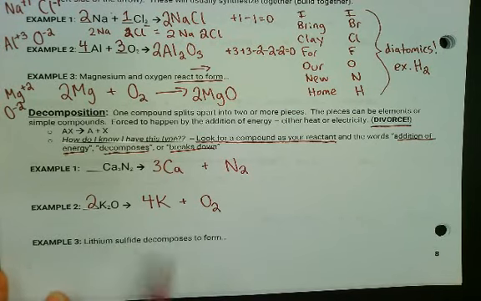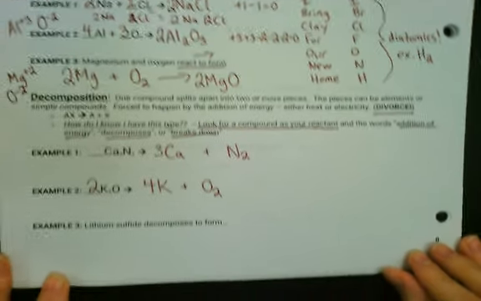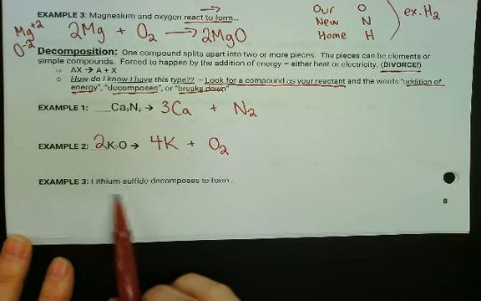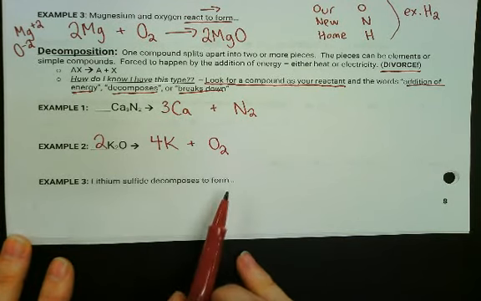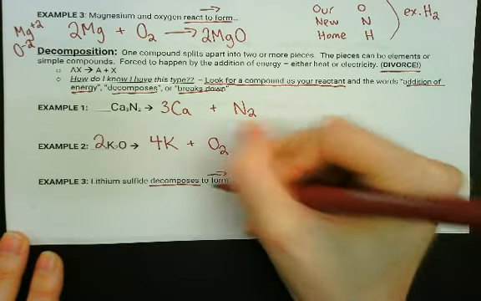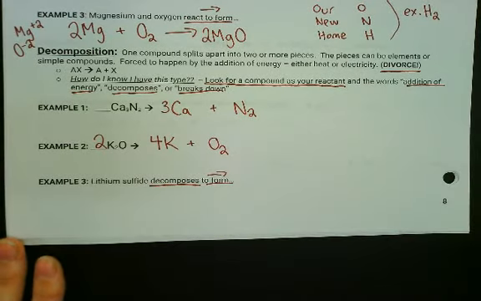Now we are going to look at a word equation. So example 3 here says that lithium sulfide decomposes to form. So there's that key word, decomposes. That lets us know decomposition is happening. And to form, again, that's going to be a yield arrow that we're going to have to draw.